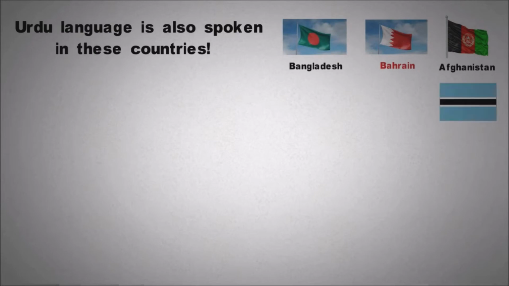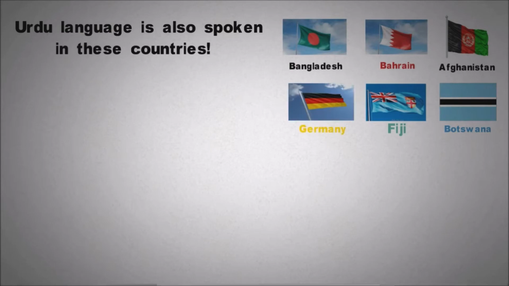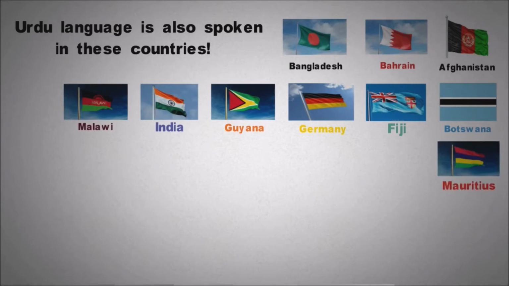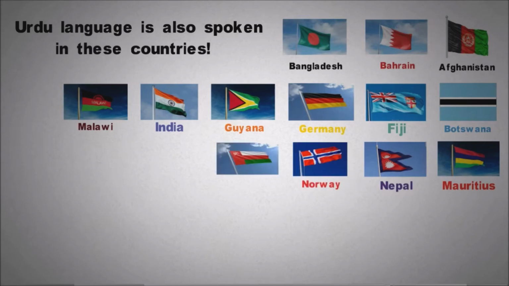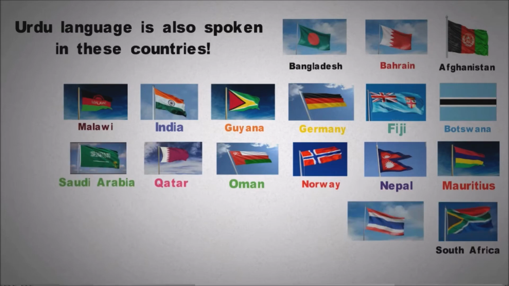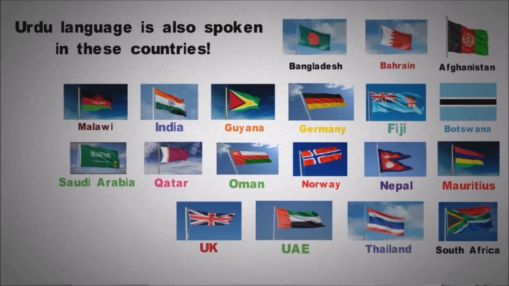Urdu is also spoken in Afghanistan, Bahrain, Bangladesh, Botswana, Fiji, Germany, Guyana, India, Malawi, Mauritius, Nepal, Norway, Oman, Qatar, Saudi Arabia, South Africa, Thailand, the UAE, the UK, and Zambia.